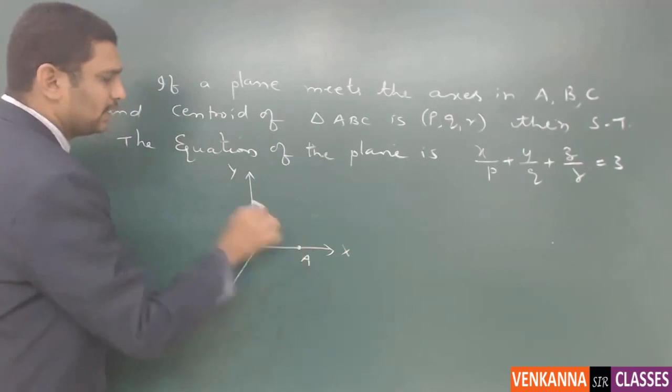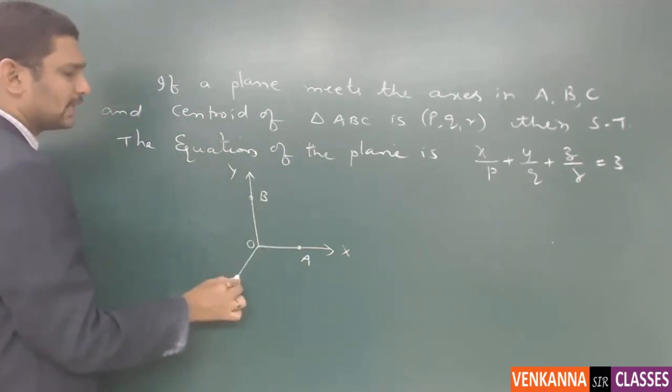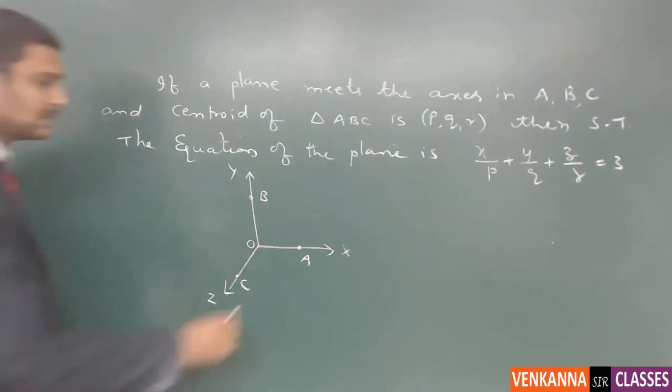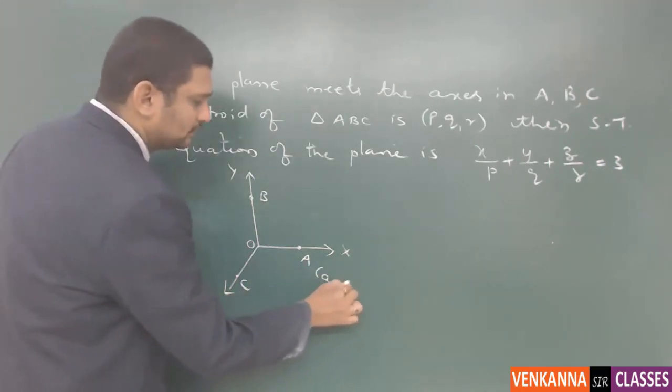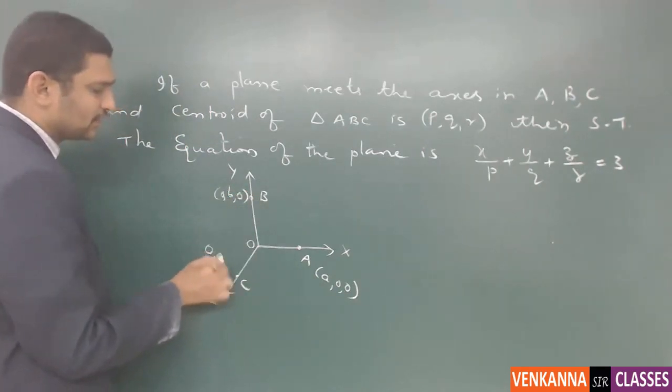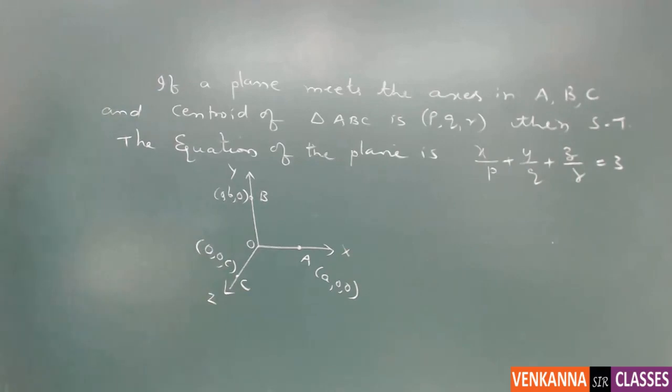This is capital A, this is capital B, and this is capital C. So where the plane meets x-axis at the point A, y-axis at B, and z-axis at C respectively. So as we know, let us take the points as A 0 0, 0 B 0, and 0 0 C. So these are nothing but the intercepts made by the plane on coordinate axis.